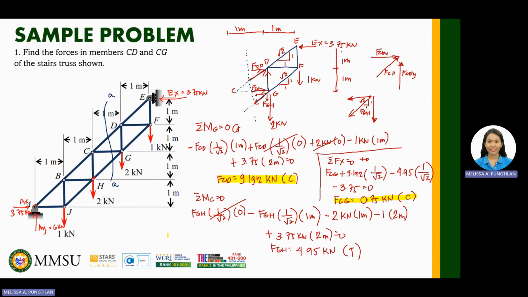Before proceeding, you can also solve CD and CG using the left portion. You will get the same answers. So you may try computing CD and CG using the right or the left portion.